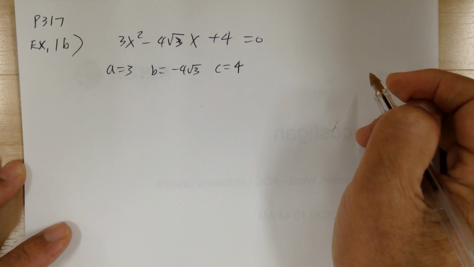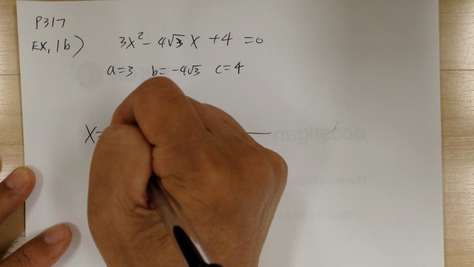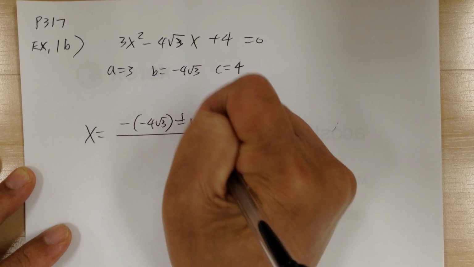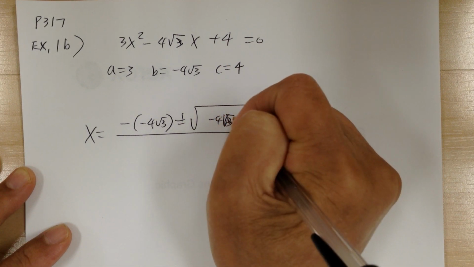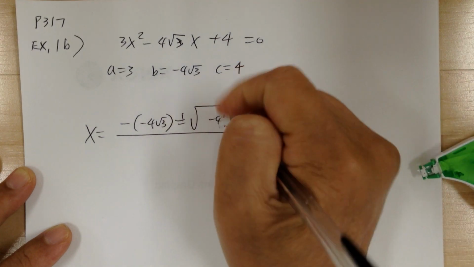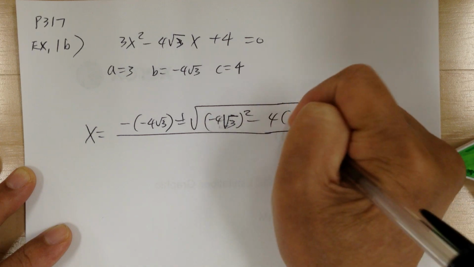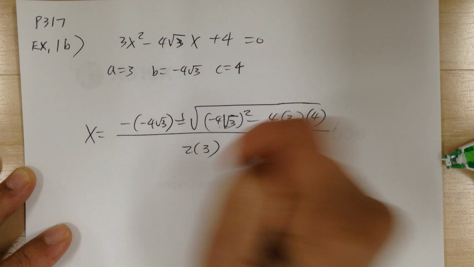From here, we're going to have x equal to negative b plus or minus square root of b squared minus 4ac over 2a.